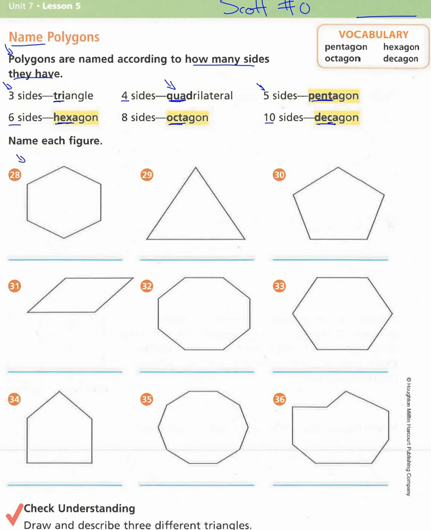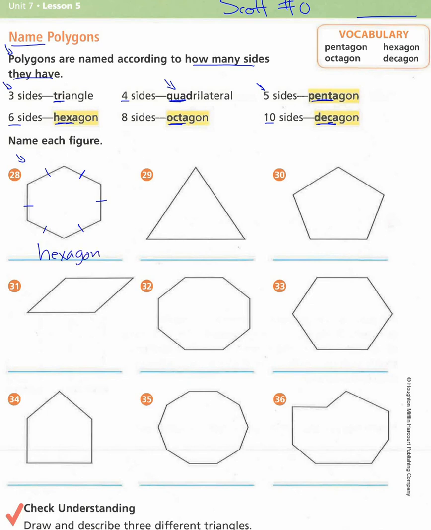So to keep from double counting a side, I'm going to recommend that we just start by crossing a line. So as we count, we cross a line. So 1, 2, 3, 4, 5, 6. Because I crossed them out, I can see that I've counted all the sides and I came up with 6. So this is a hexagon.